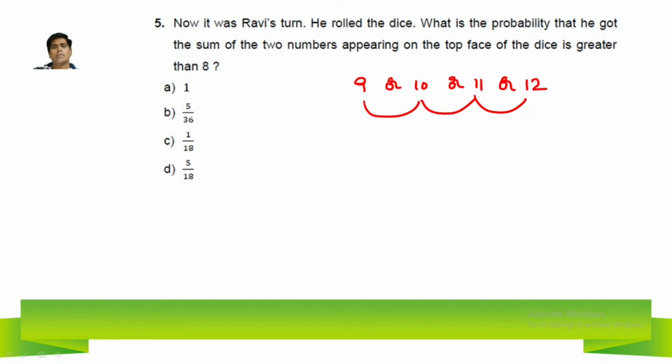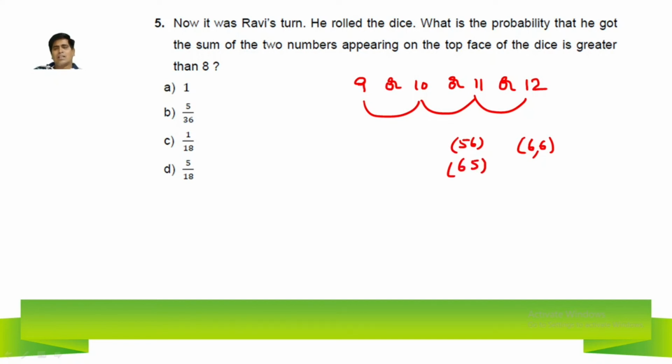So we'll check how many ways we are getting 9, how many ways we are getting 10, how many ways we are getting 11, and how many ways we are getting 12. For 12 we have only one outcome, that is 6 comma 6. For 11 it is 5 6 and 6 5.